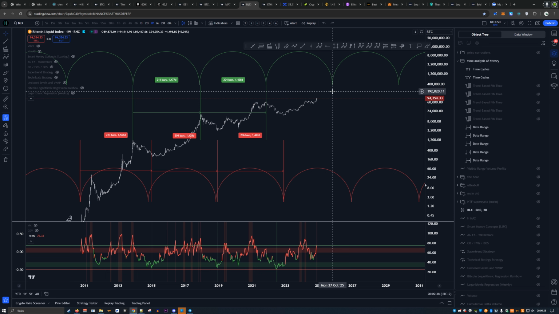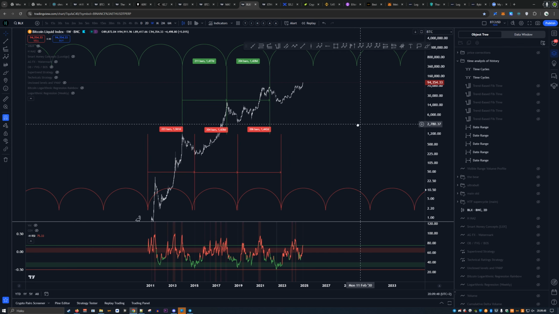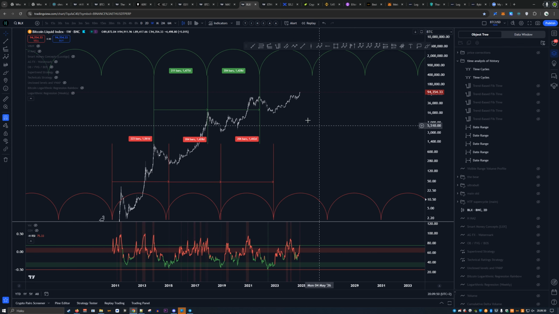Again, I shouldn't go into too much detail on the dates, but late October 2025 is where, based on this historical data, we would have the top. Am I agreeing with that? Well, that is quite a long time from now. That's all I'm saying for now.